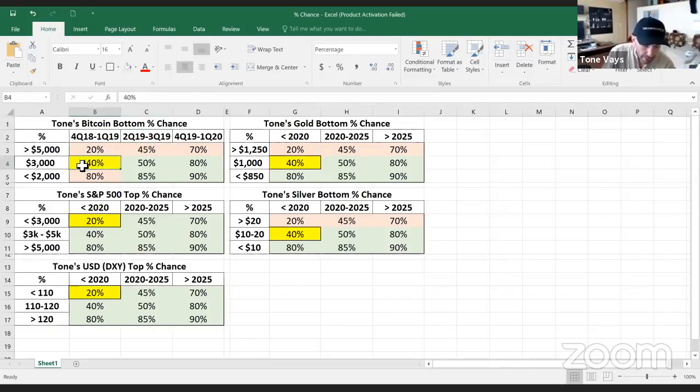Now there's a 40% chance that the bottom is in. For me to say I'm convinced that the bottom is in, I need to see a bull trend. I have not yet seen a bull trend. All I've seen so far is a bounce in the price.